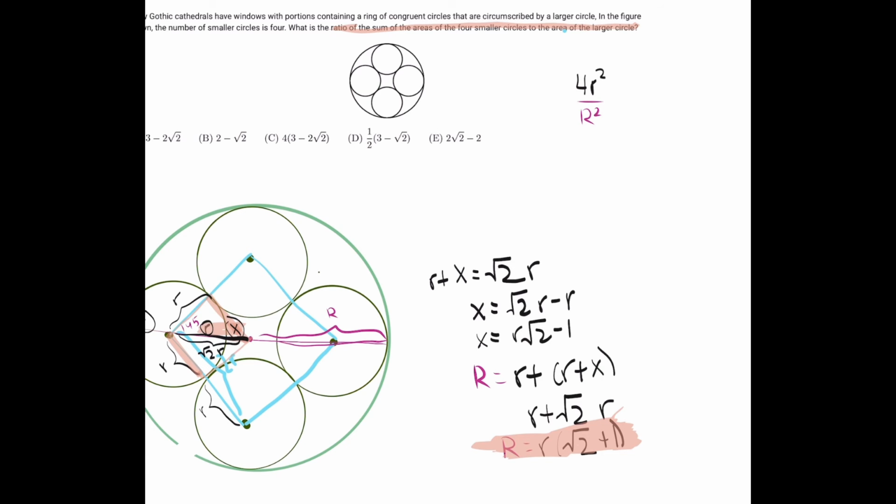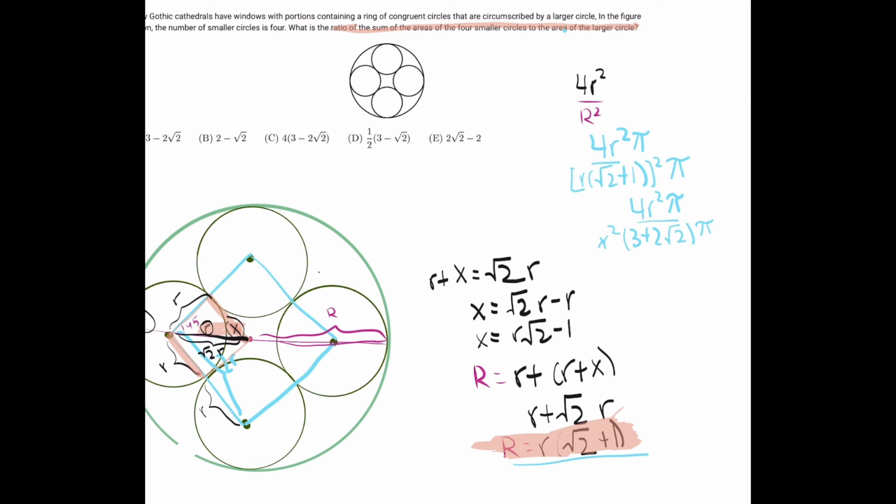And we've already solved for uppercase R. So this is 4r squared over r times the quantity square root of 2 plus 1, that whole quantity squared, and obviously these are circles, so we need to add a pi. So 4r squared pi over 3 plus 2 square root of 2 times r squared pi.